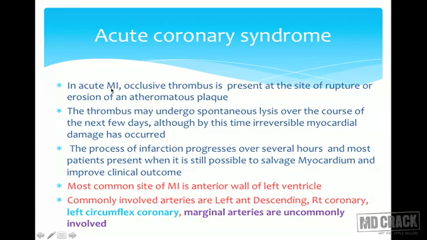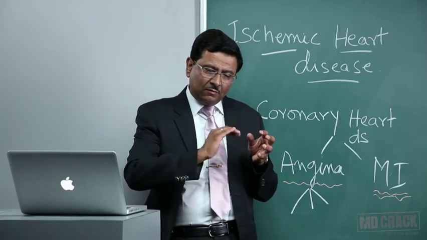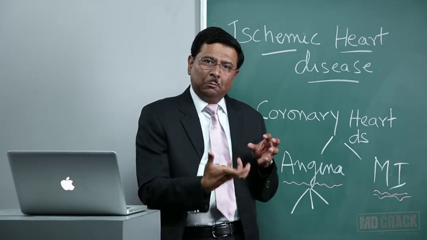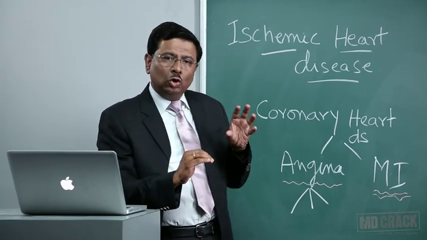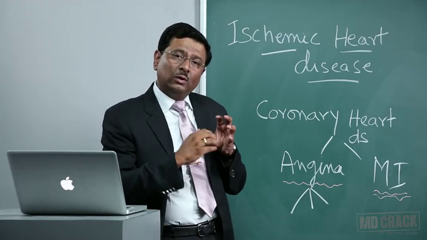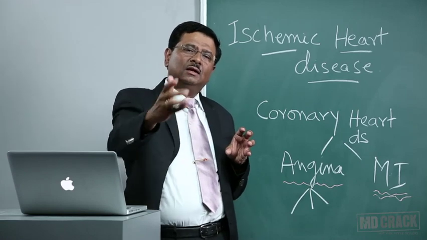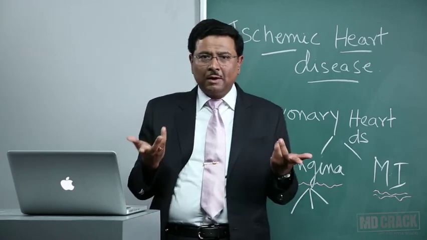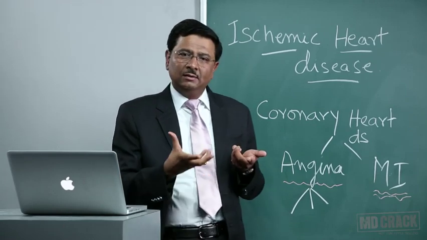In case of acute myocardial infarction, an occlusive thrombus is present at the site of rupture or erosion of an atheromatous plaque. So there is an occlusive thrombus superimposed onto the atheromatous plaque, and because of this plaque and superimposed thrombosis, the lumen of the artery is narrowed to such an extent that the artery will not be able to supply the distal myocardium, and this will lead to myocardial infarction, means death of myocardial cells.